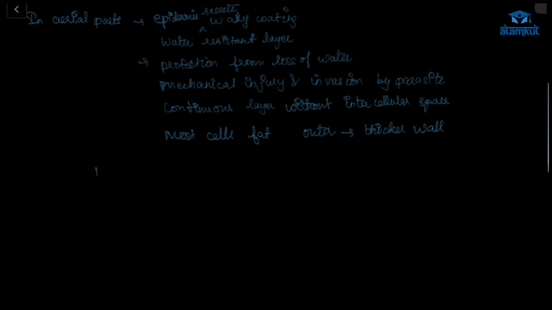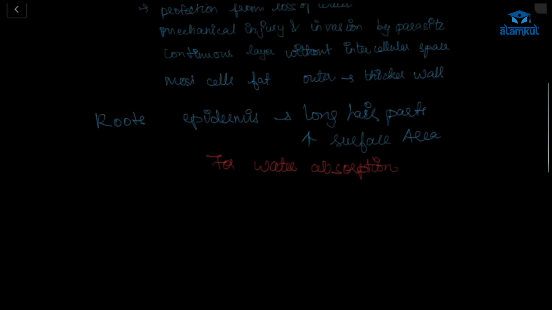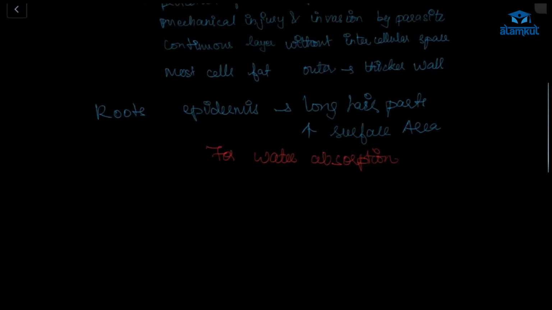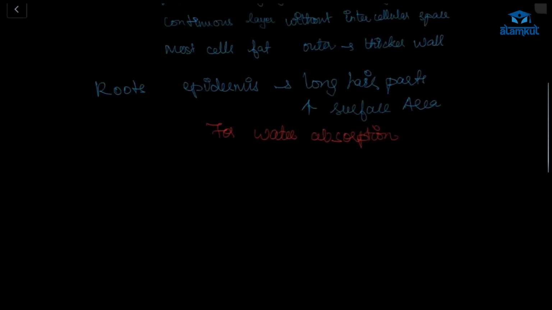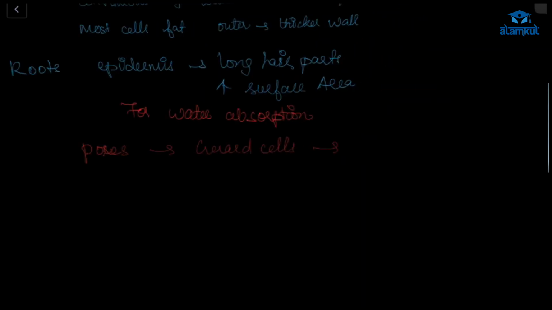In the roots, the epidermis will contain long hair-like parts, which increase surface area for water absorption. Now this epidermis will have pores, right? They have guard cells for exchange of gases.